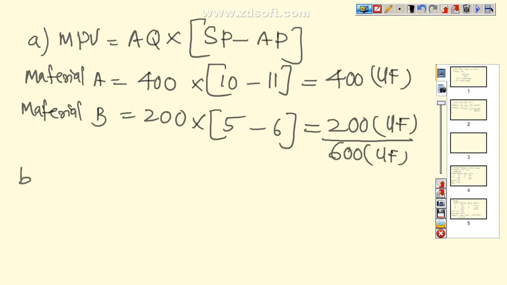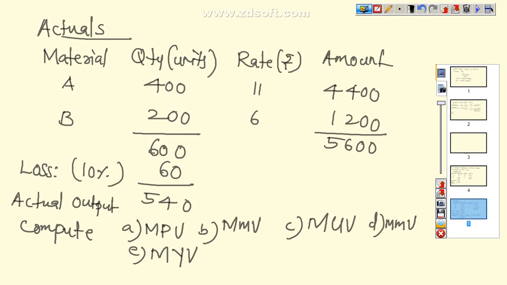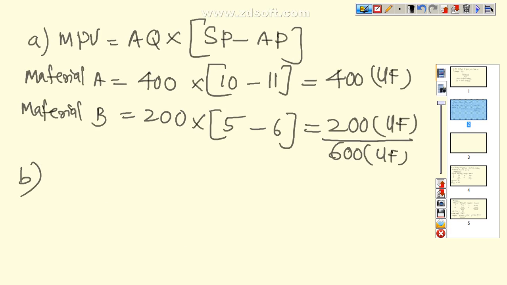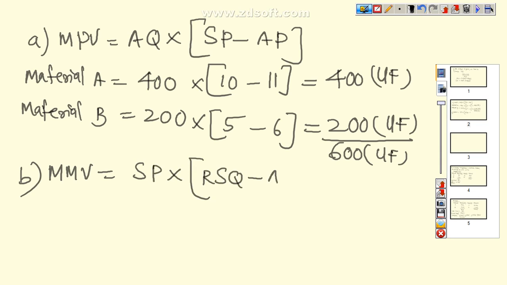According to the question, second we have to calculate material mix variance. Material mix variance is equal to standard price multiplied by RSQ minus AQ. First we calculate RSQ.